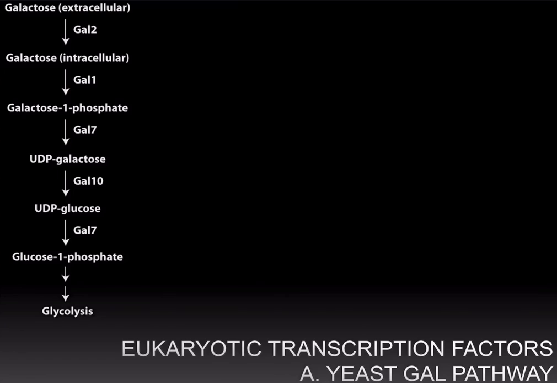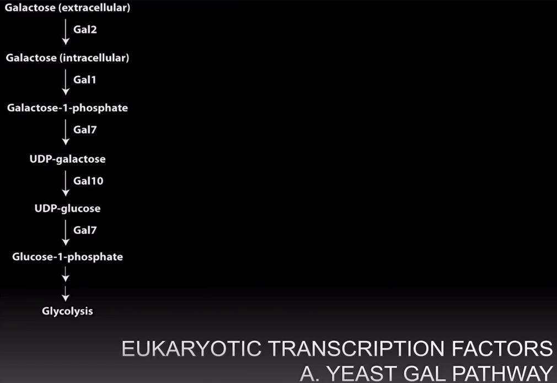In eukaryotic gene regulation, these binding sites where transcription factors bind can be very far from the promoter, hundreds or thousands or even hundreds of thousands of base pairs away.